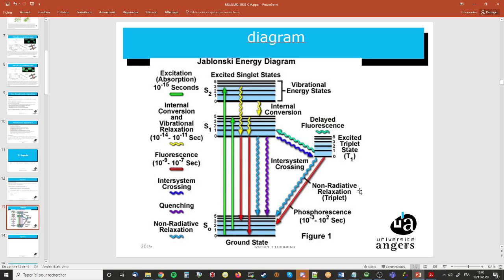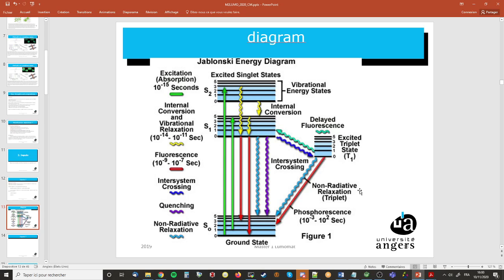It comes from vibration of the system. So a non-radiative relaxation means that without emission of a photon, you can lose energy. And usually it's a vibration of some part of your molecule.